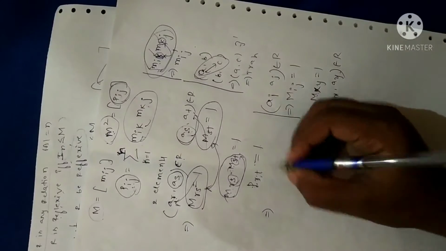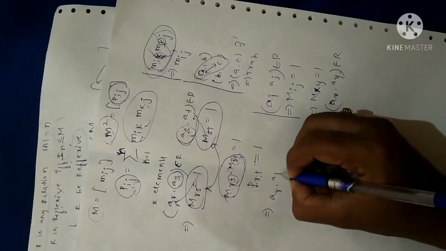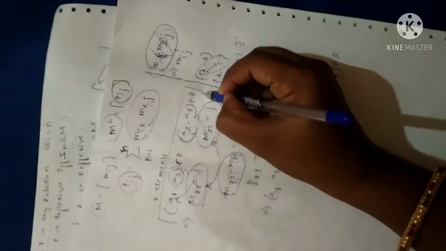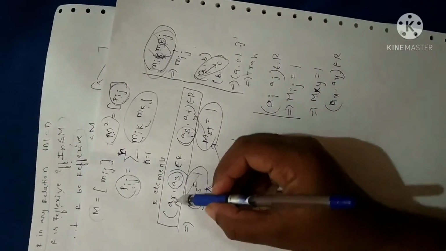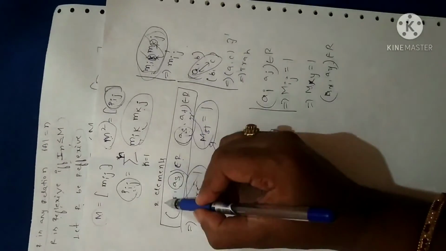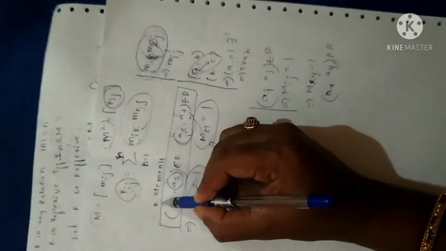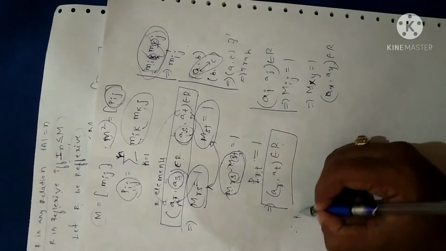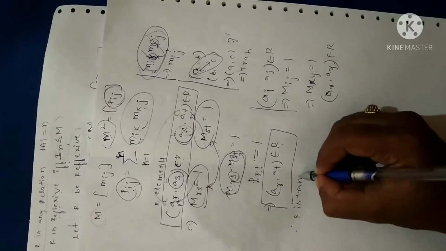Similarly, I have p_rt equal to 1, so I can write (a_r, a_t) belongs to R. Now, look at these two statements. What I have assumed is (a_r, a_s) belongs to R and (a_s, a_t) belongs to R. This is something like (a, b), (b, c). What I have proved is (a, c), that is, (a_r, a_t) belongs to R. Therefore, I can clearly say R is transitive.